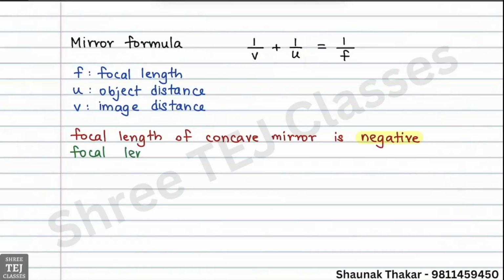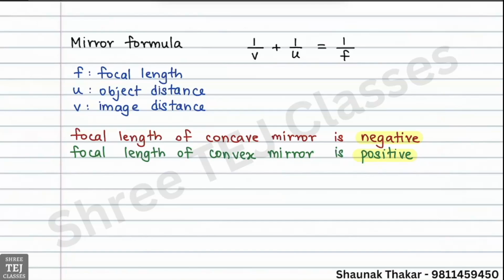Focal length of convex mirror is positive. So always for a concave mirror, focal length will be negative. For a convex mirror, focal length will be positive.